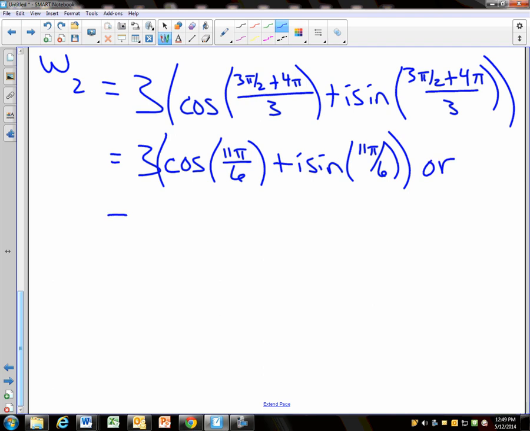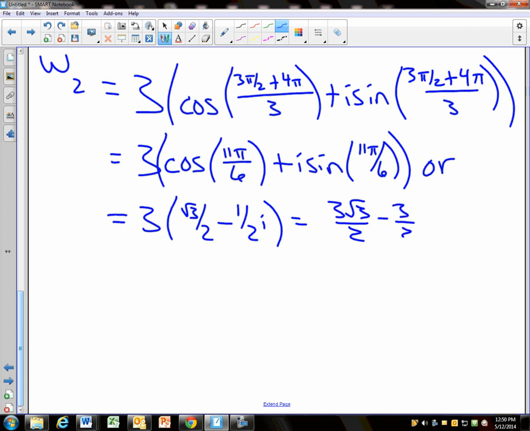Or, if you're like me, what is the cosine of 11 pi over 6? Root of 3 over 2. What's the sine of 11 pi over 6? Negative 1/2. And so if you multiply that, you get 3 roots of 3 over 2 minus 3 over 2i.